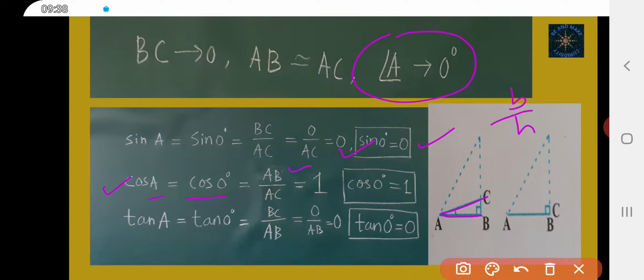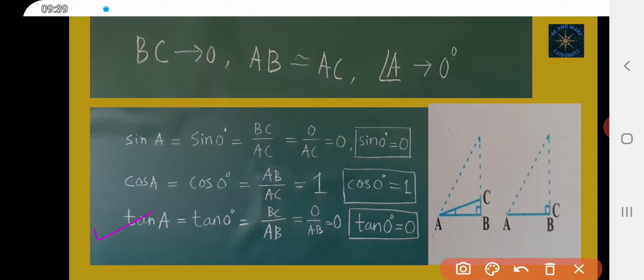So AB by AC, and as AB is almost the same as AC, AB and AC cancel, then you get 1. So cos A, that is cos 0 degree, is equal to 1.